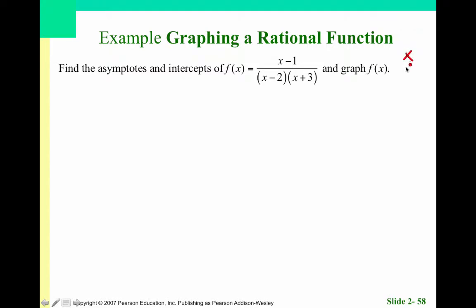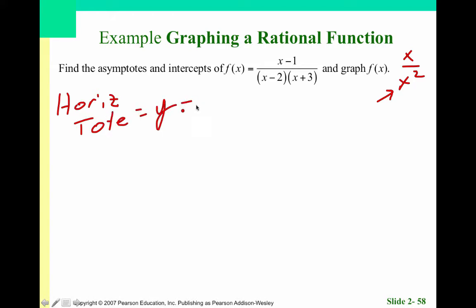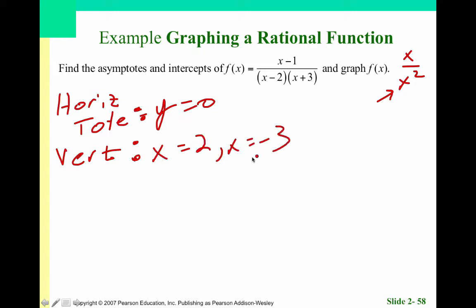If I've got x over x squared, my degree on the bottom is larger. If the degree on the bottom is larger, we always have a horizontal asymptote of y equals 0. And then a vertical asymptote is what makes the bottom 0. X is 2 and x is negative 3.